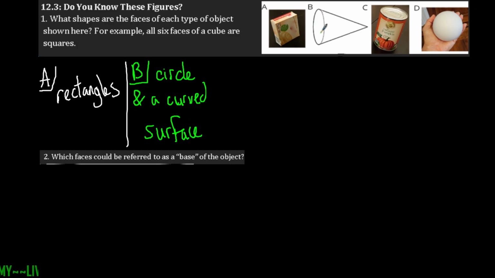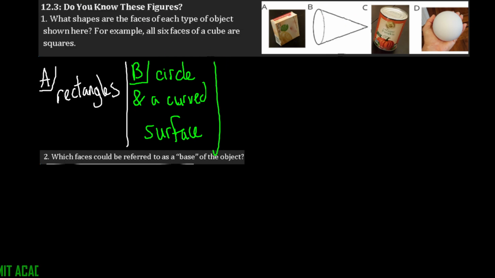Again, that's talking about that outside amount that is not a rectangle, because it's part of the cone, and that's the main difference between the cylinder and the cone, is that the cone comes to a point.